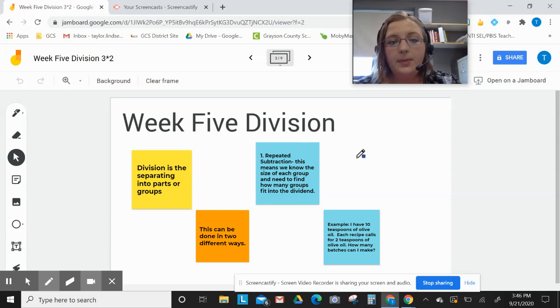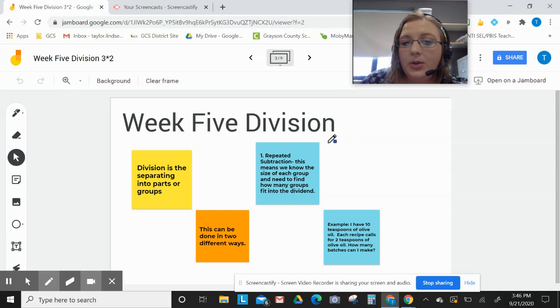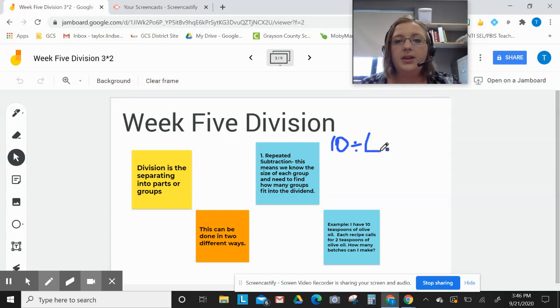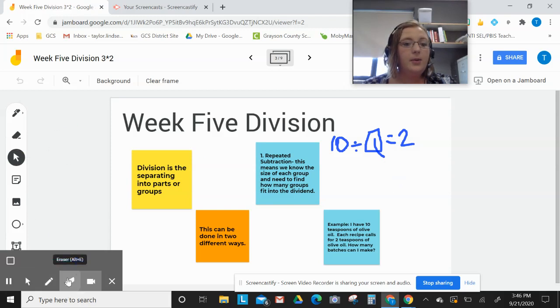So how you would set it up is, since we are looking for the number of groups, you would have to put the total number. So let's use our example down here. Our total number of teaspoons was 10. And we wanted to know, we don't know the number of groups, but we do know how many is in each group, which was 2. So we are looking for that missing number. So that's how you solve your repeated subtraction problems.